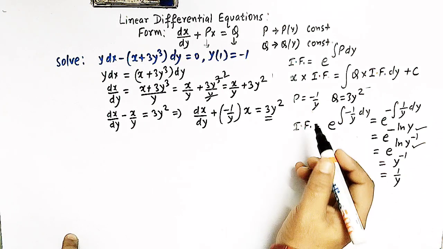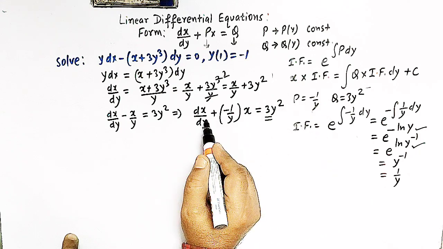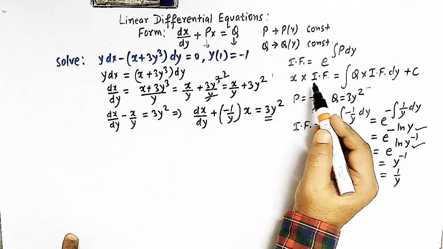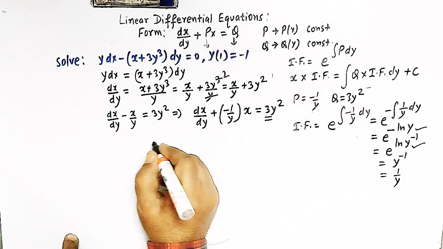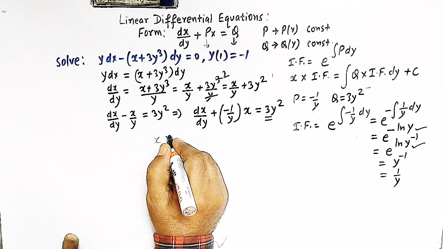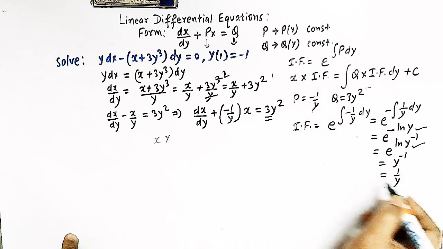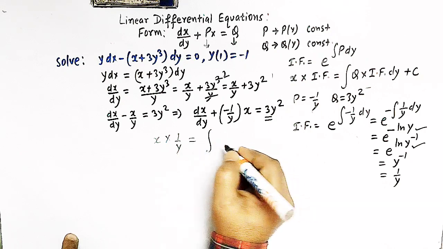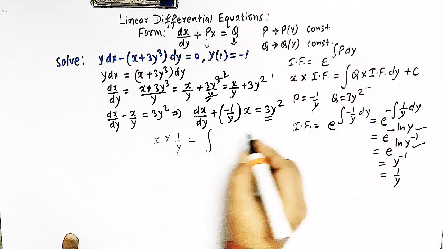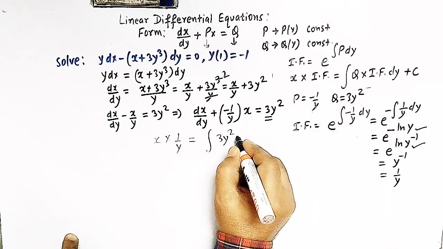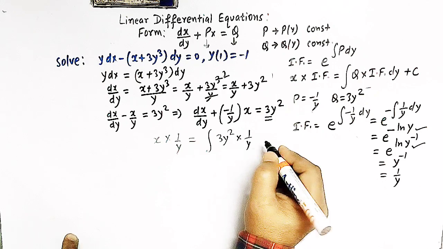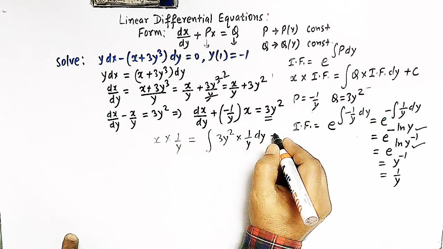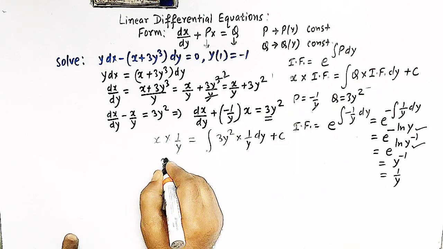Now let us write the solution of this differential equation using this expression. We have x times the integrating factor, which is 1 over y, equal to the integral of q, which is 3y square, times the integrating factor, 1 over y, dy, plus c, where c is the constant of integration.